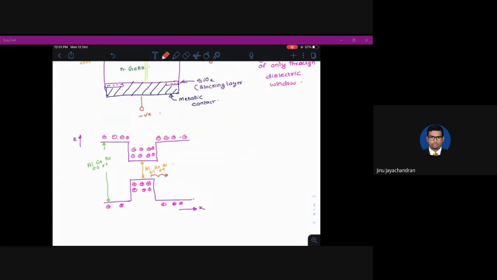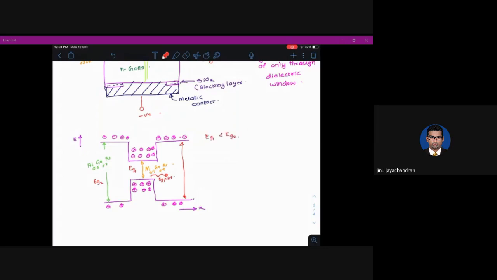The light generated moves along this aluminum gallium arsenide with 0.3, 0.7 composition, and it sees a higher band gap like this. Remember, this light emitted has, let's say this is Eg1, and this is Eg2. Eg1 is equal to h nu, that much is the frequency, that much is energy. But Eg1 is less than Eg2.